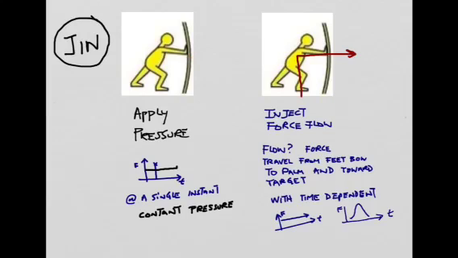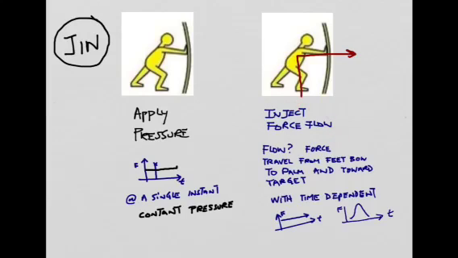There can be a single instant pressure, meaning that it is applied just once, like this guy, or there can be a constant pressure, just constant pushing. And there's another type, which is the inject force flow. The inject force flow is the reason why I name the Jing as force flow.